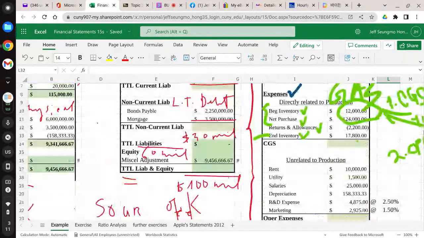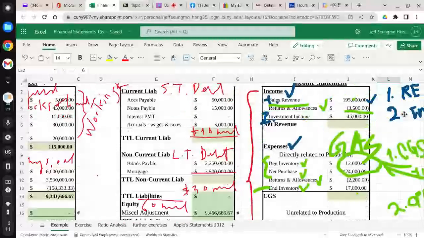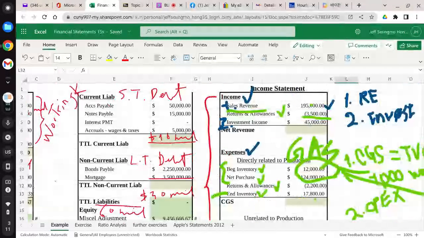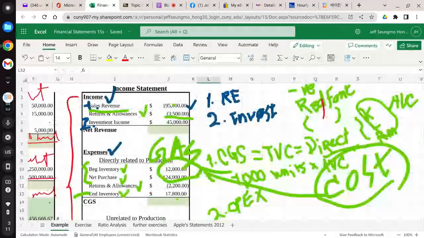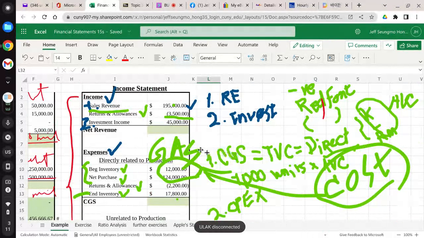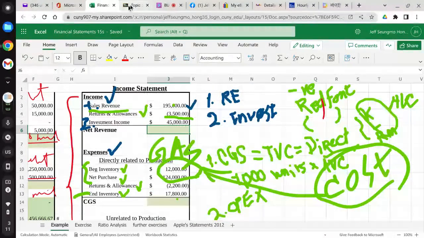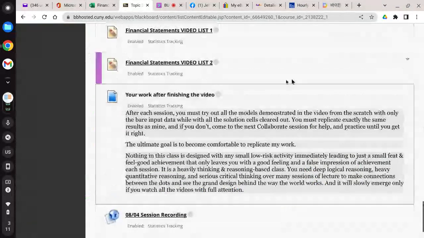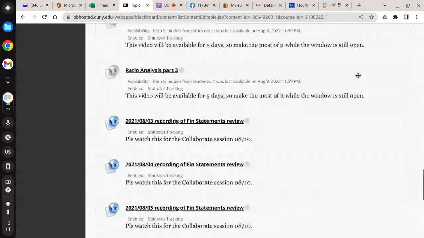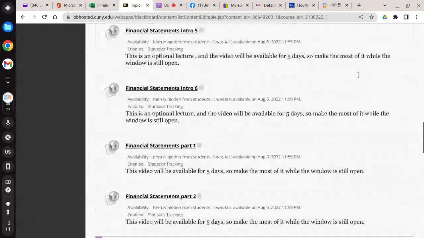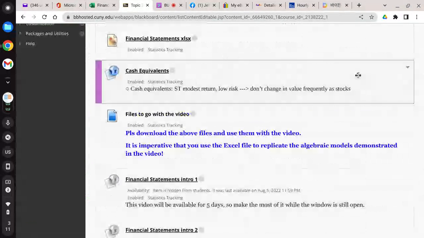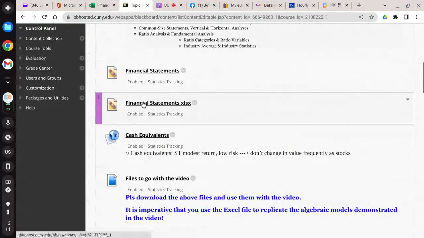So first, it looks so messy, but let me start with the income statement. First of all, I think I updated that file, so it should be blank. Let me just check.